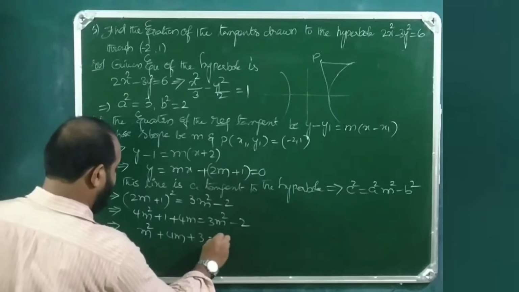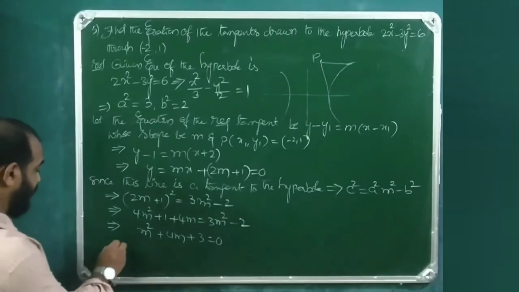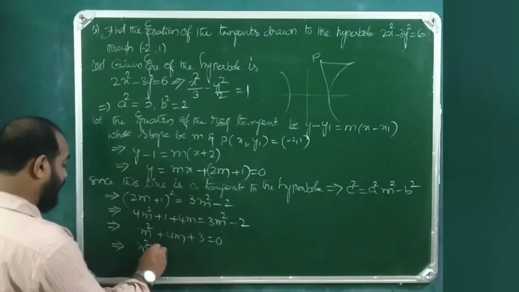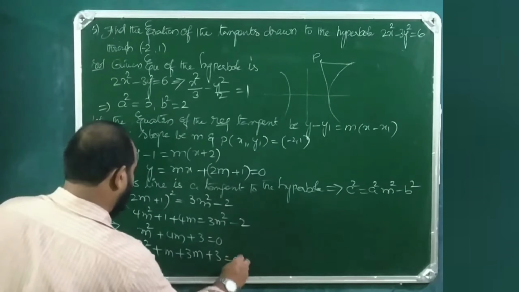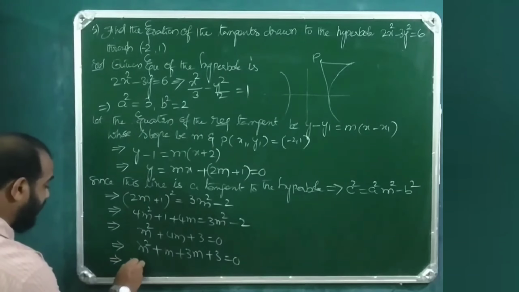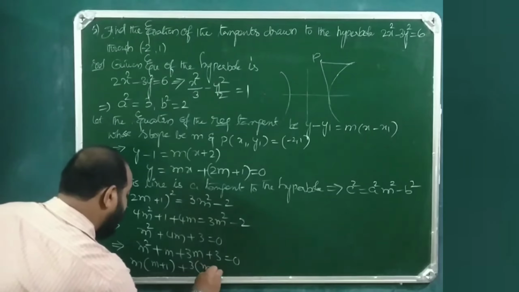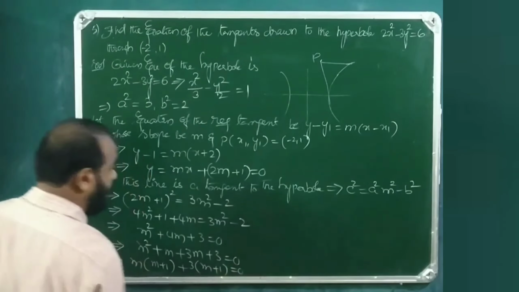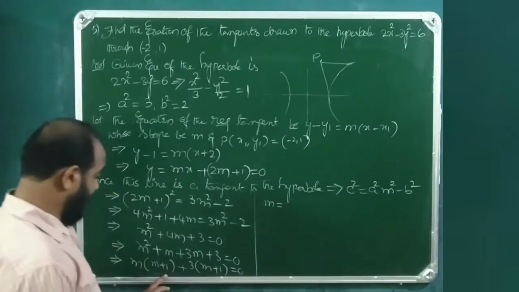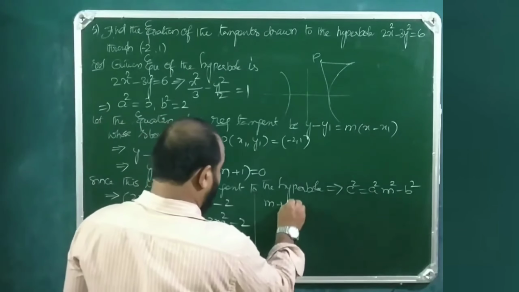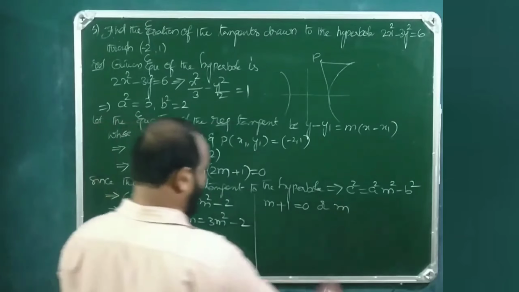1 times 3 is 3, 3 times 1 is 3, and 3 plus 1 is 4. So m² plus m plus 3m plus 3 equals 0. This implies m into (m plus 1) plus 3 into (m plus 1) equals 0. From this, m plus 1 equals 0 or m plus 3 equals 0.